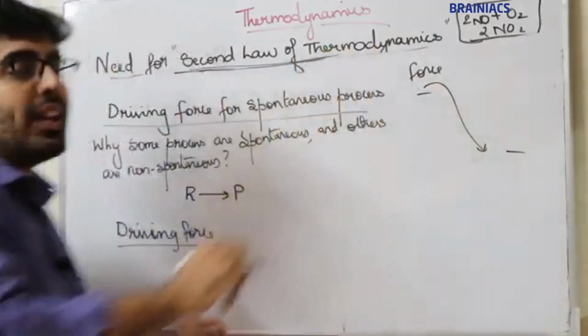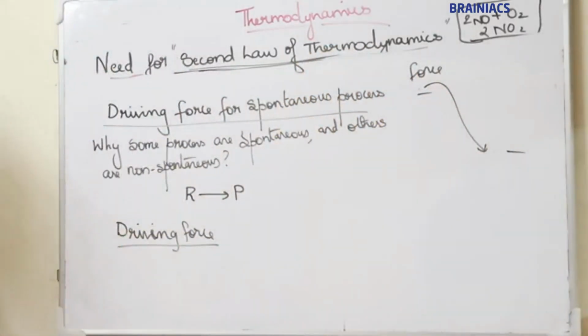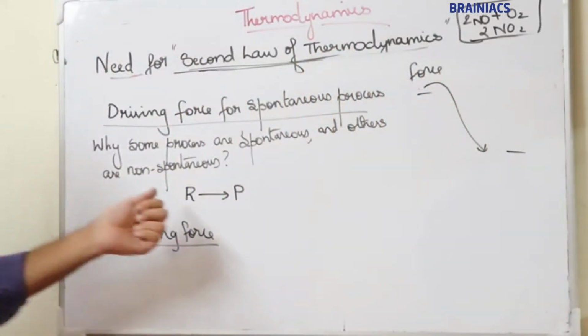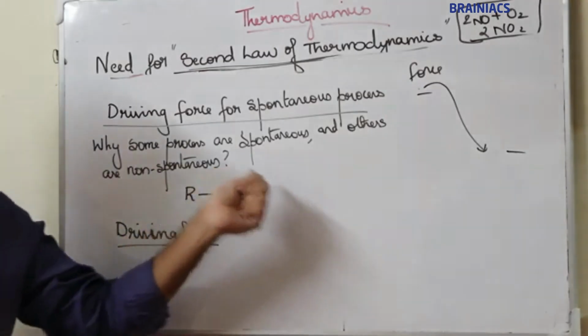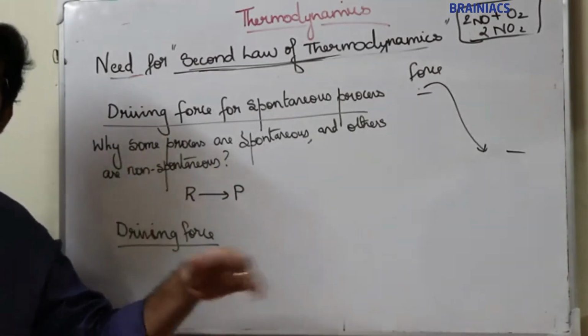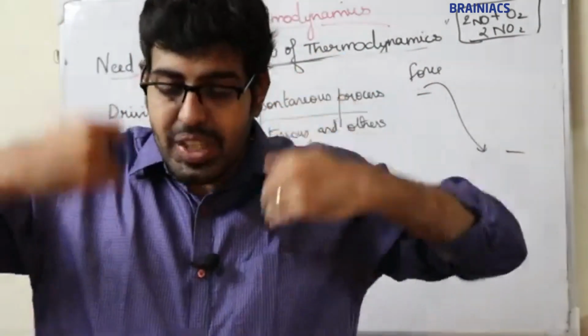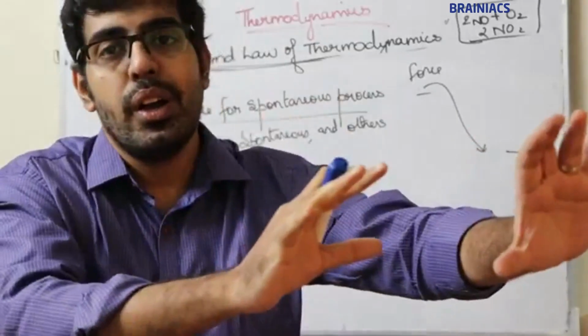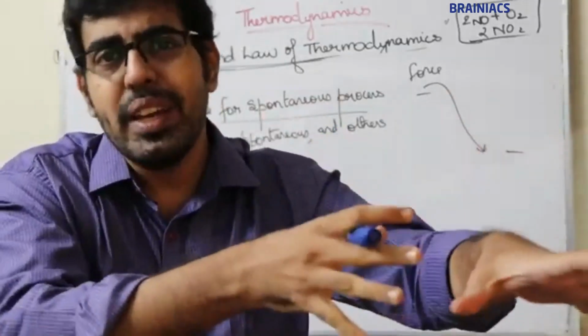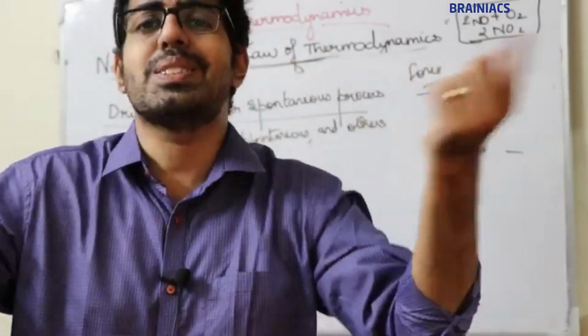That force is known as the driving force. Forces which help a reaction to occur by itself, that is spontaneously, without the help of external forces, are known as driving forces.